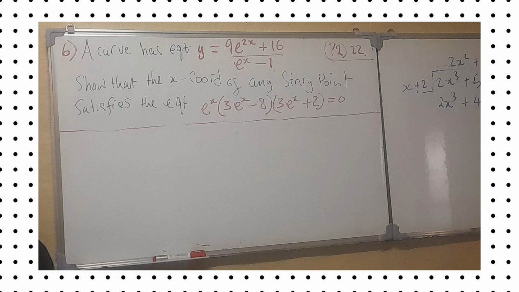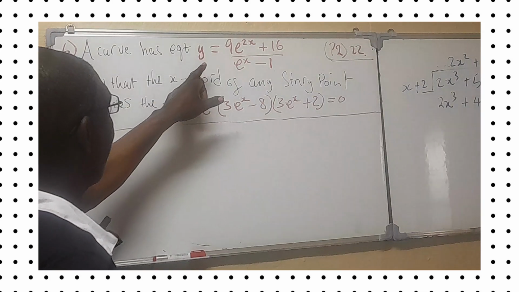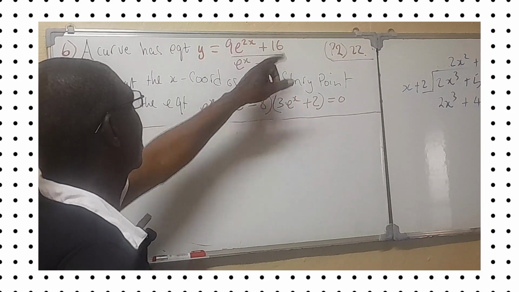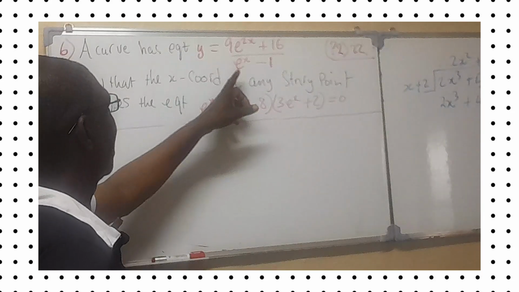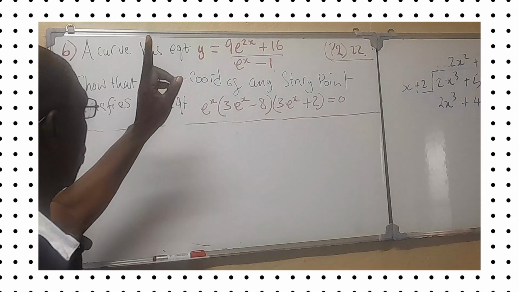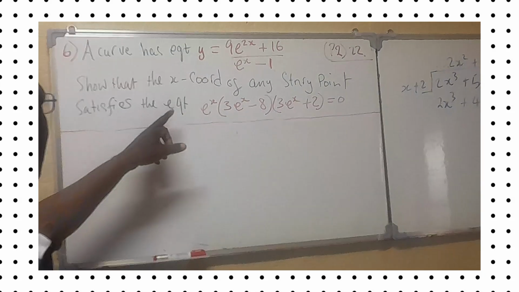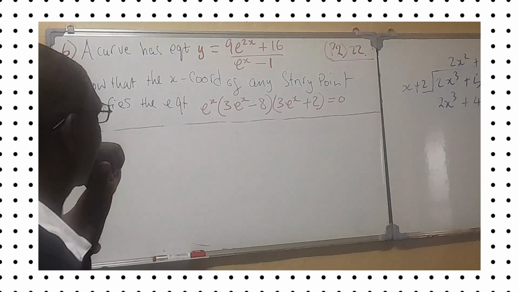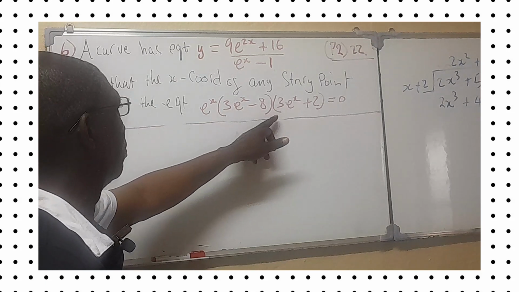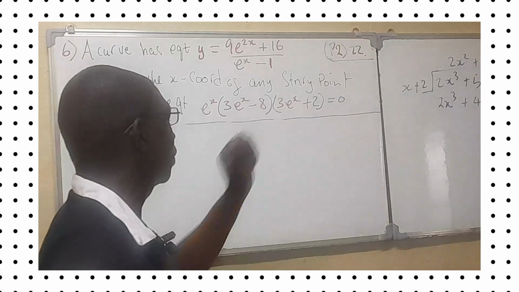But anyway, the question says a curve has the equation y is equal to (9e^(2x) + 16) divided by (e^x - 1). Show that the x coordinate of any stationary point satisfies the equation e^x multiplied by (3e^x - 8) multiplied by (3e^x + 2) is equal to 0.